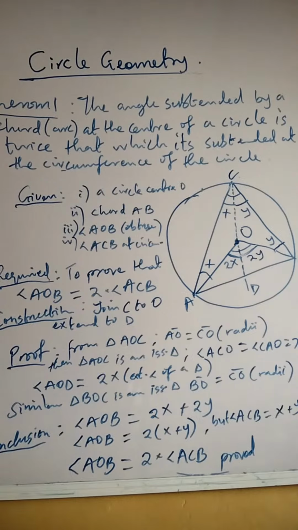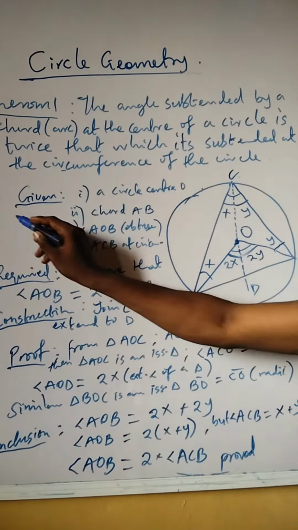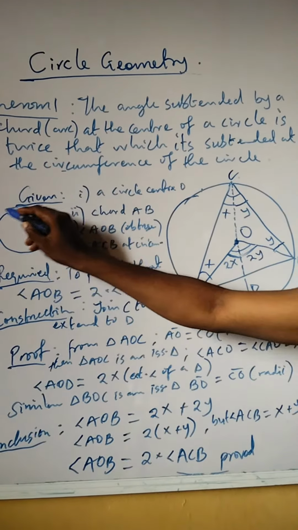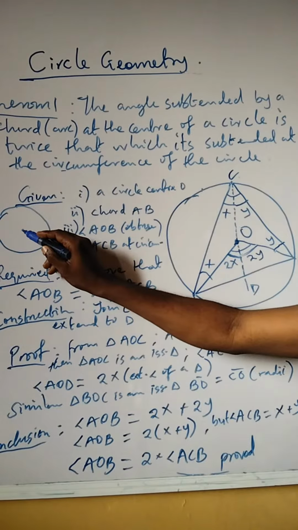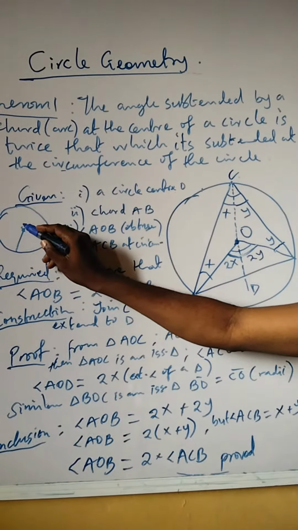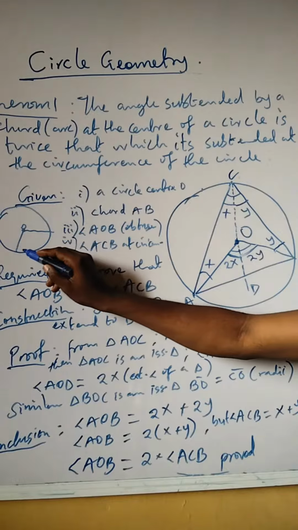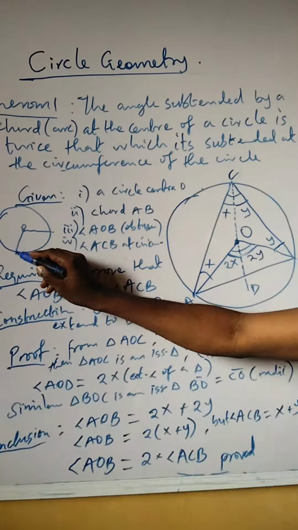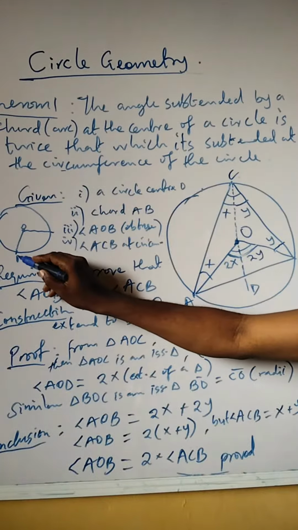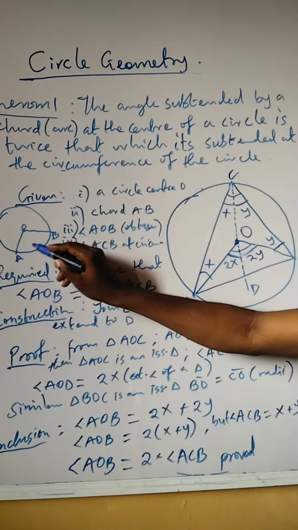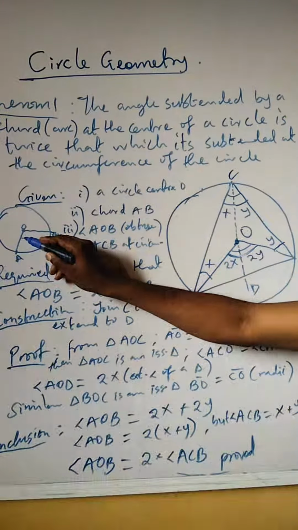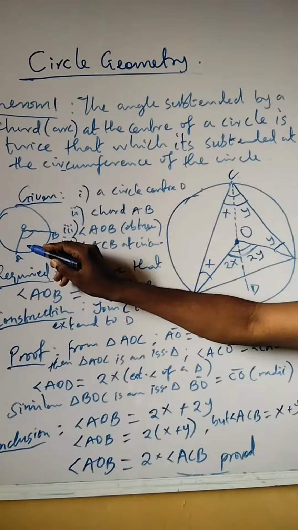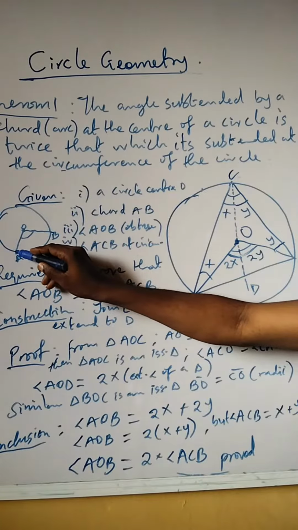Now, briefly, in essence, what we are saying is that if we have a circle this way and we have the center of the circle and an angle is formed by an arc here labeled as arc AB or chord AB, whichever one, the angle at center will be double or twice that of the angle at circumference.